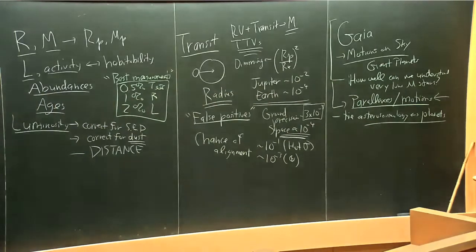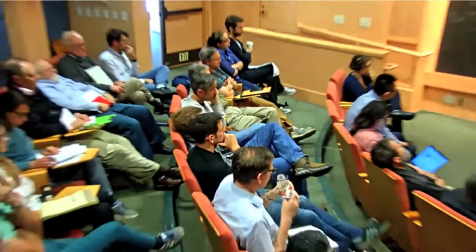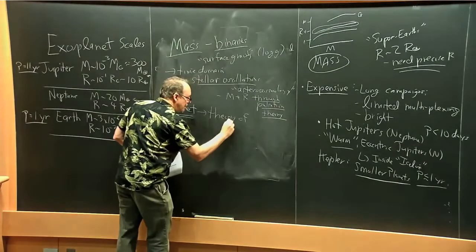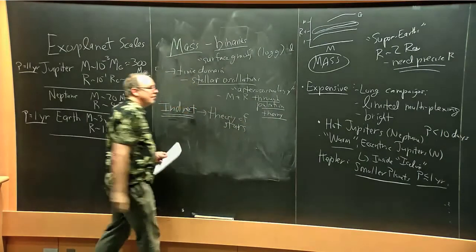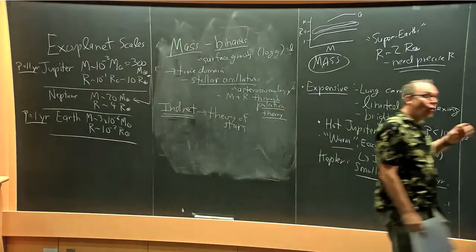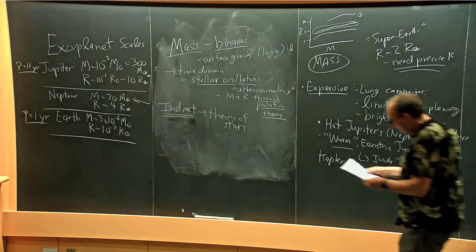More often, however, what we do is we have an indirect estimate, linked to the theory of stars. This indirect linkage is to take observed properties that are perhaps correlated with the properties that we care about and to try and relate them through things like isochrones or stellar models to figure out what the characteristic masses are.